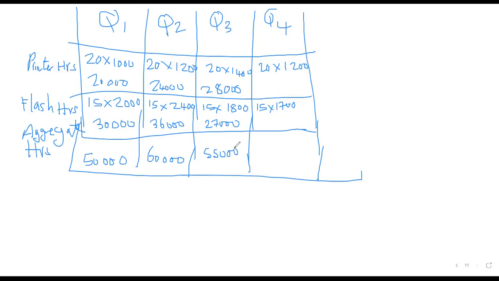So 20 by 1,200 is giving us 24,000. Then the other one is 15 times 1,700, which is giving us 25,500.